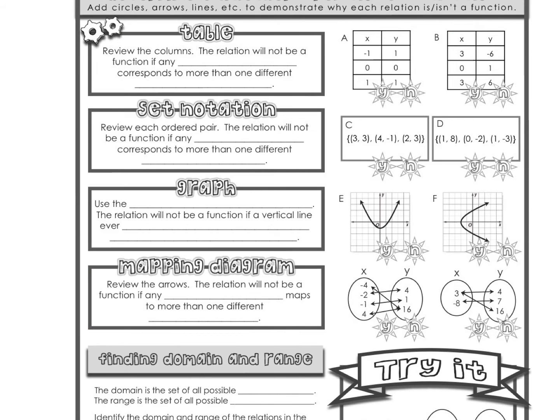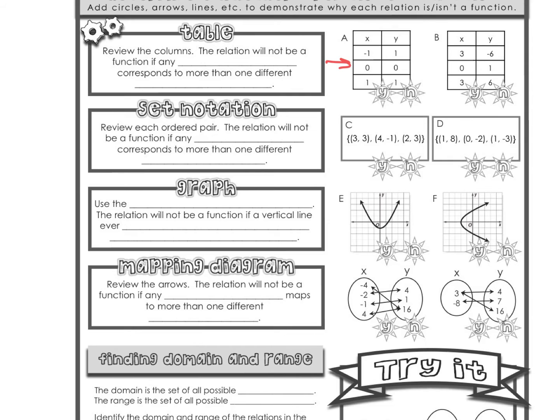Okay, so on this page, we want to determine whether a relation is a function. I'm going to write on it so that you can have a clearer understanding of what we're talking about. So review the columns.